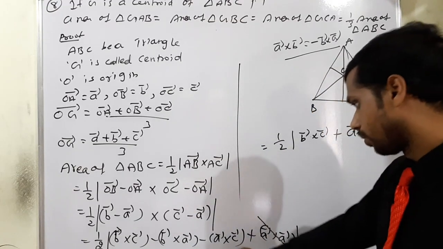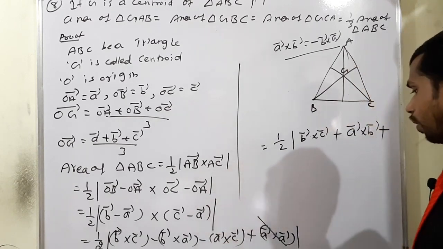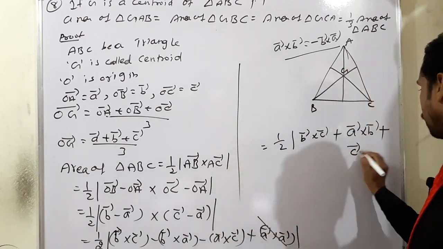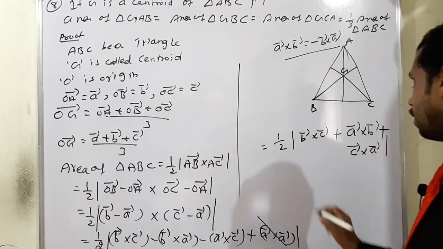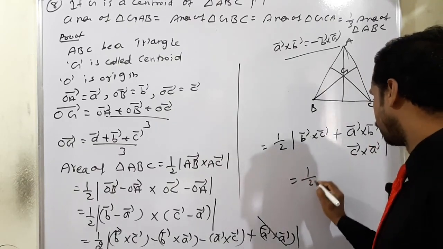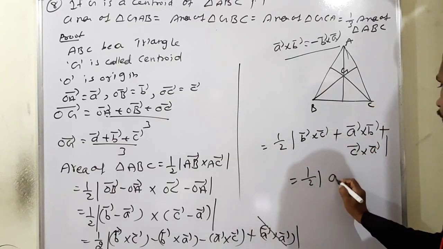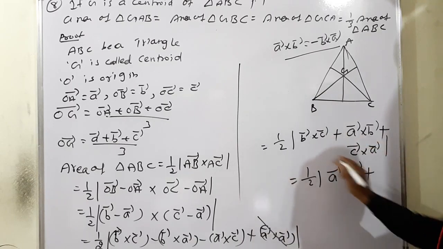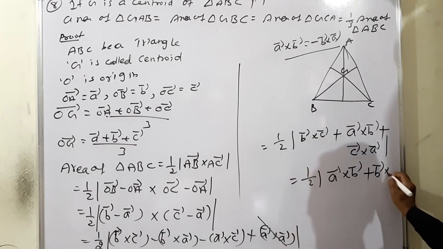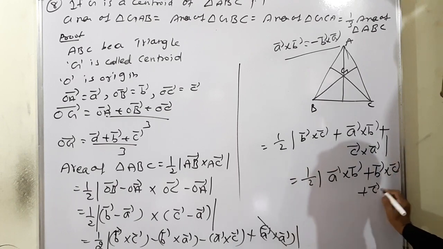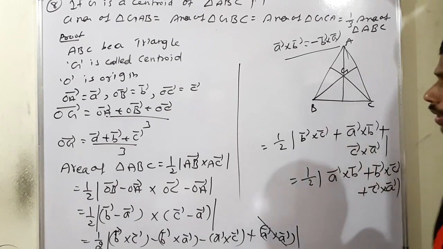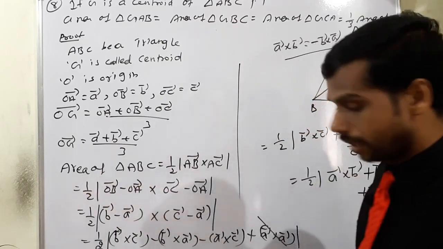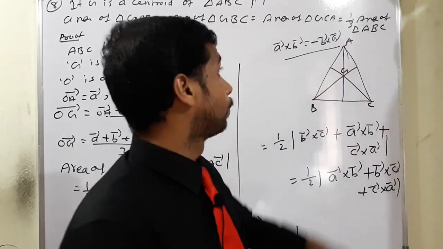The last term also has a minus sign, which converts to positive as C vector cross A vector. Therefore, half into A vector cross B vector plus B vector cross C vector plus C vector cross A vector. This is the value of area of triangle ABC.